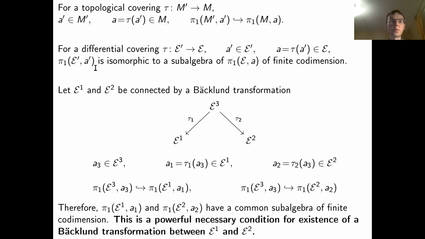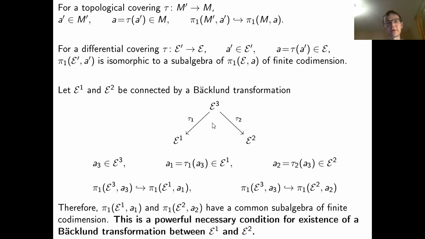So we see the following: the fundamental algebra of E prime is isomorphic to a subalgebra of the fundamental algebra of E, a subalgebra of finite codimension, where the codimension is equal to the dimension of fibers of the covering. Now let us see an application of this fact.